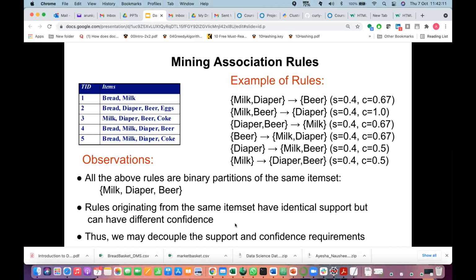From those item sets only, we try to find association rules by dividing them. If the combined item set itself does not have minimum support, there is no need to find any rules based on it, because you will anyway have less than the minimum support. That's why we can decouple the support and confidence requirements.